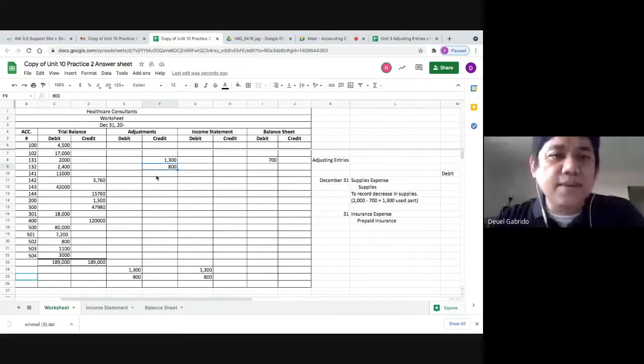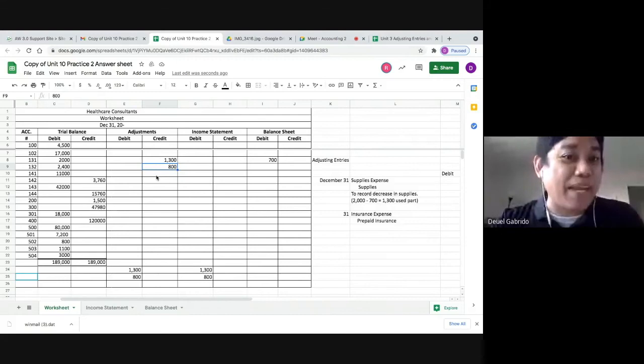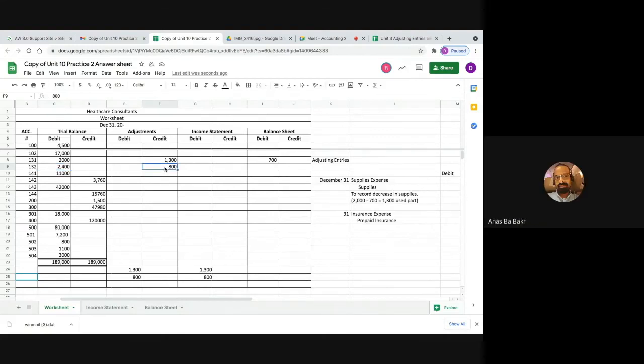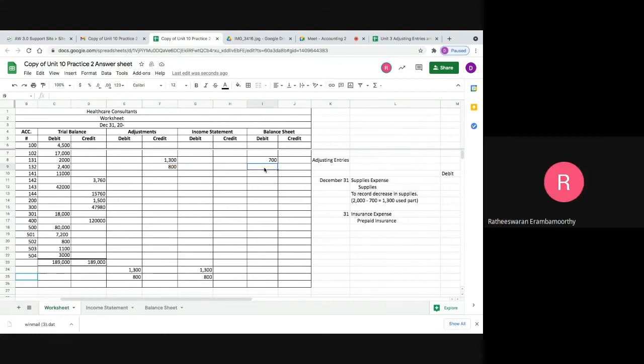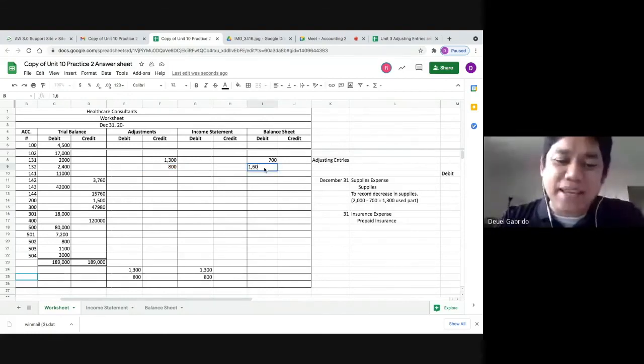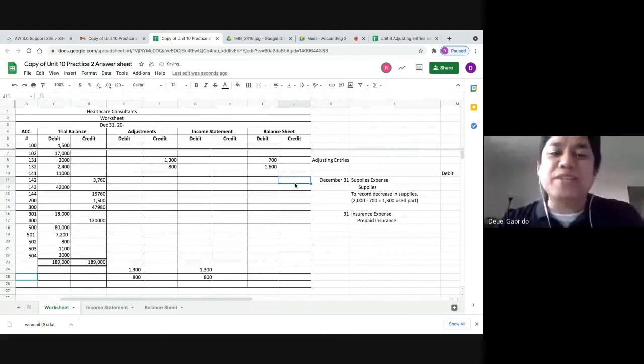Because there are 2 more years, how much will be the remaining prepaid insurance after 1 year? Take away 800 from 2,400 and you get 1,600. Very good. That's the remaining prepaid insurance that we still need to use for 2 more years.